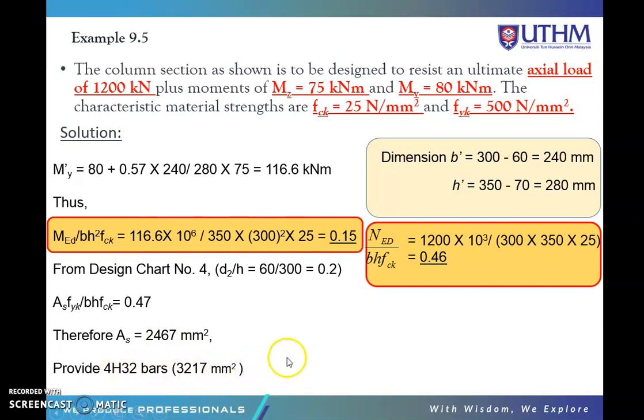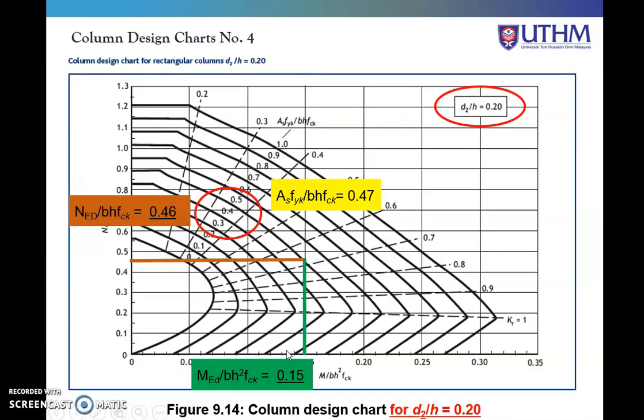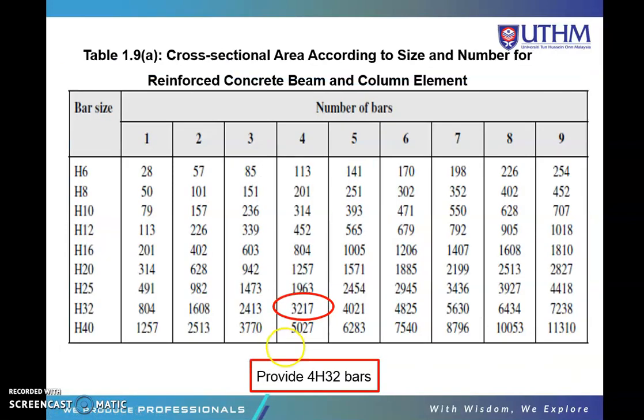Okay. So for the next, by using this table, the required value is 2467. So it will be after this one, and we choose to have 4 bar of H32 size. Okay, so we provide the 4 H32 bars.